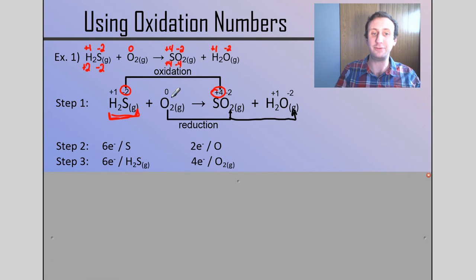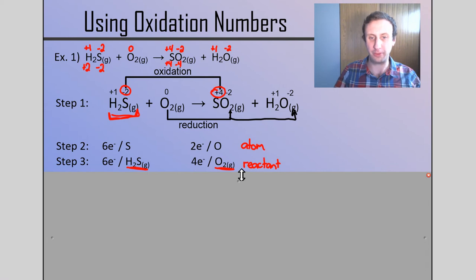So then for the reactant of O2, I have 2 O atoms in O2, so it's 4 electrons that get transferred for every 1 O2 that reacts. So I'm representing this again as the reactant. Okay, so step 2 is for the atom that's going through a change, and then step 3 is for the reactant that's going through a change.